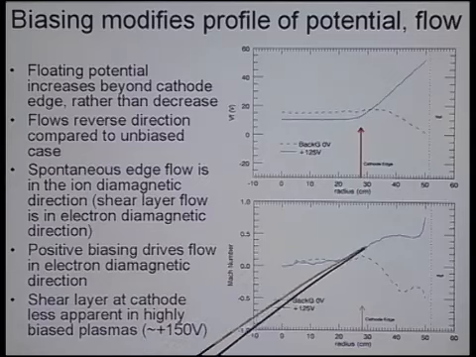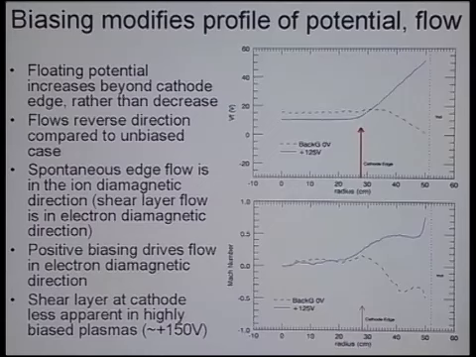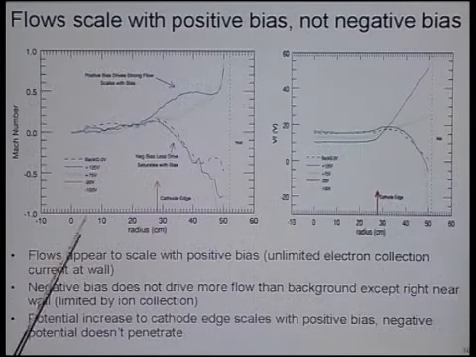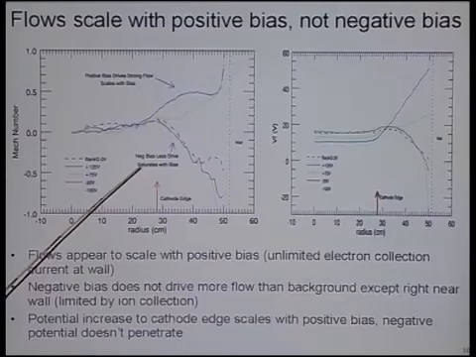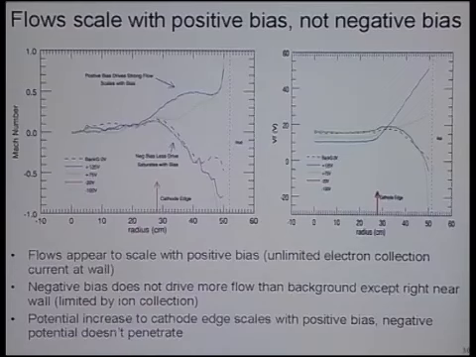And also fairly strong flows, on the order of the edge flow, about the same magnitude as the edge flows we were seeing in the background, just in the opposite direction. And the flows also scale with biasing.